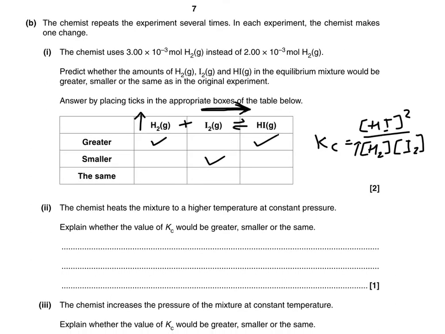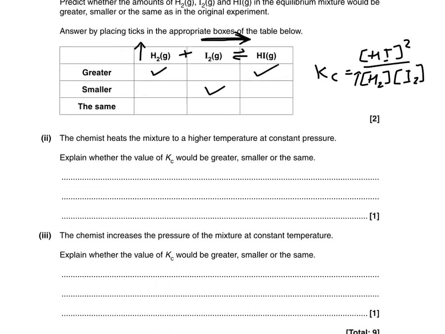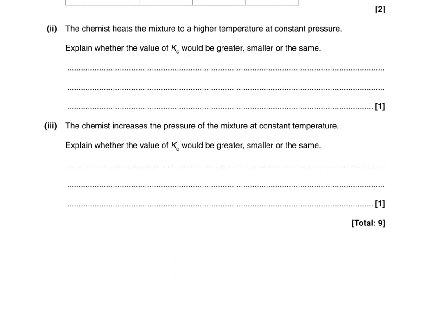Right, so the chemist heats the mixture to a higher temperature. Would Kc be greater or smaller or the same? In order to do this, you're going to look at the beginning, and it tells you right at the beginning of this question that the enthalpy change is -9 kilojoules per mole. So this means that the forwards reaction is exothermic.